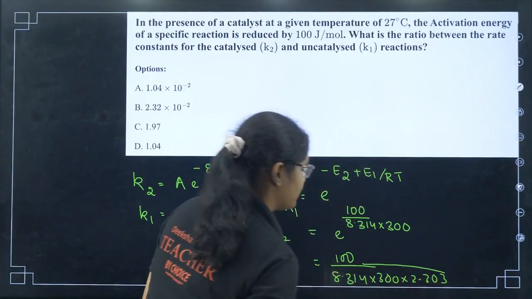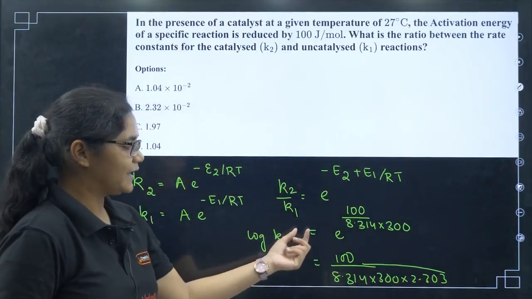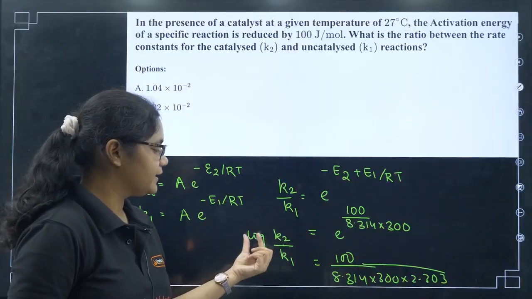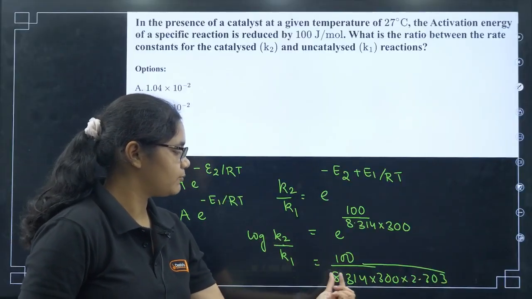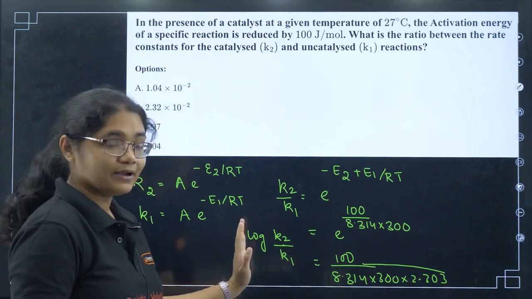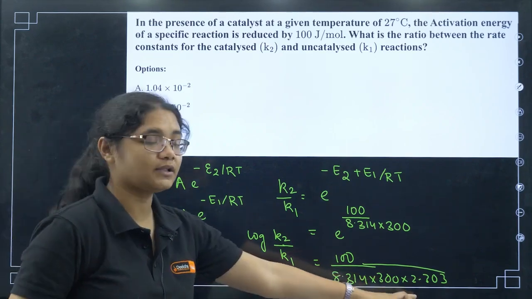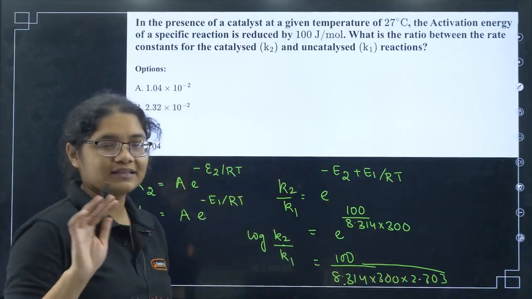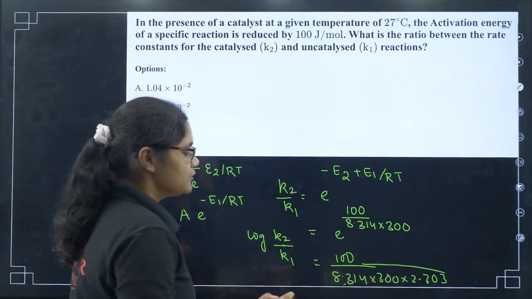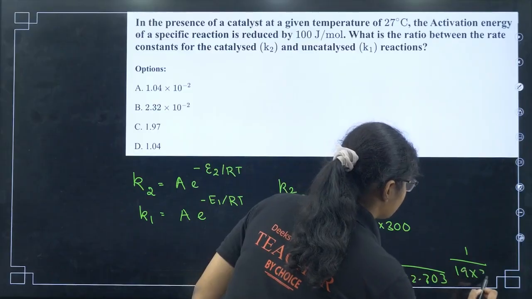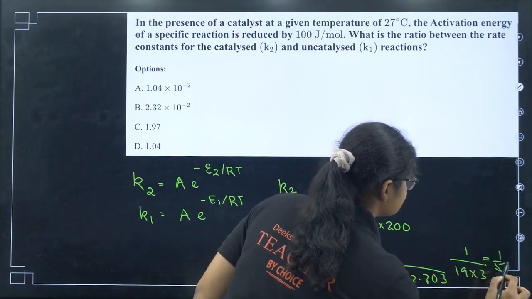I hope all of you are getting how that is coming. First if I take ln on both sides, I get ln K2 by K1 equal to 100 by 8.314 into 300. Now if I convert ln to log, I multiply by 2.303, that 2.303 got divided here. Now 8.314 into 2.303 is 19, you can remember it is 19. So this I can cancel, so 1 by 19 into 3, that is 1 by 57.